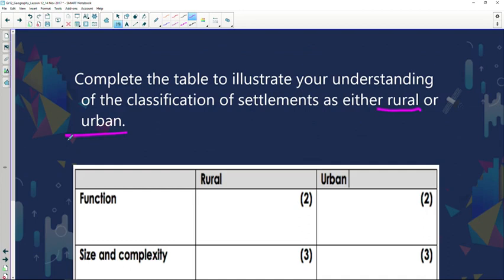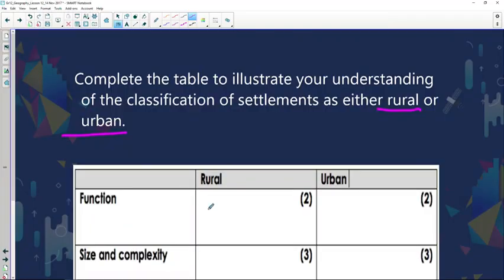What's the function in rural areas? It's usually unifunctional. It's only one activity taking place. In most cases, what type of activity is going to take place? It's going to be primary activities. If you look at urban areas, it's multifunctional, and it's usually where secondary and tertiary activities take place.